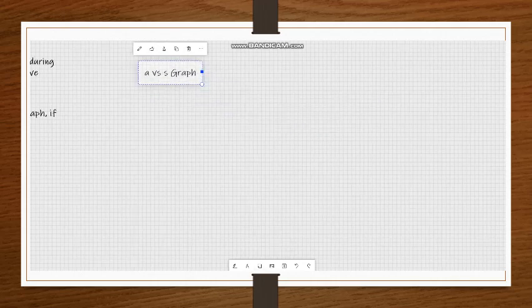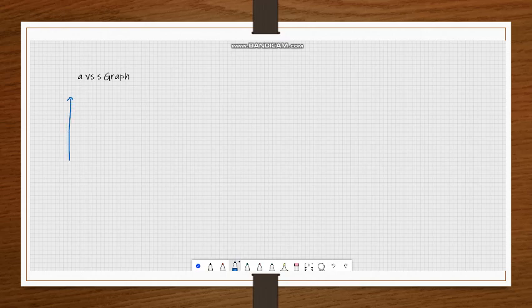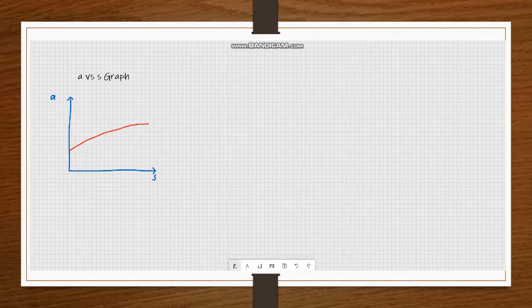So let's draw an acceleration versus position graph. This is position, this is acceleration. Let's draw again a curve, kind of like this. So acceleration changes with position.